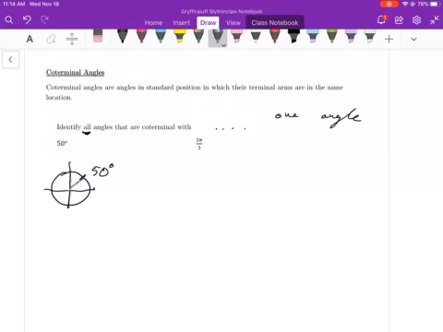Well, very easy: here's 50 degrees, right? What if I go 50 degrees and then I go another 360 degrees? So that would be coterminal. And if I go exactly one revolution, that is coterminal.